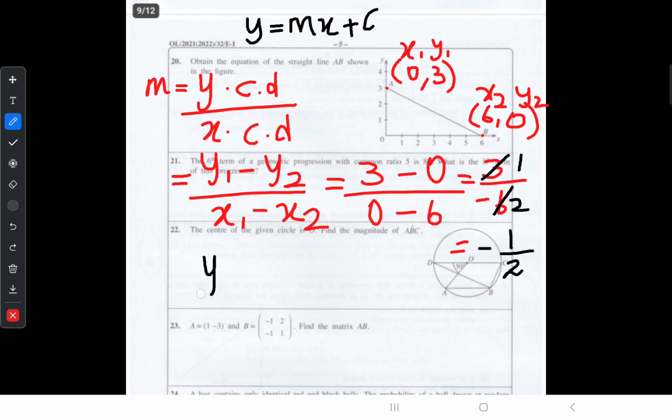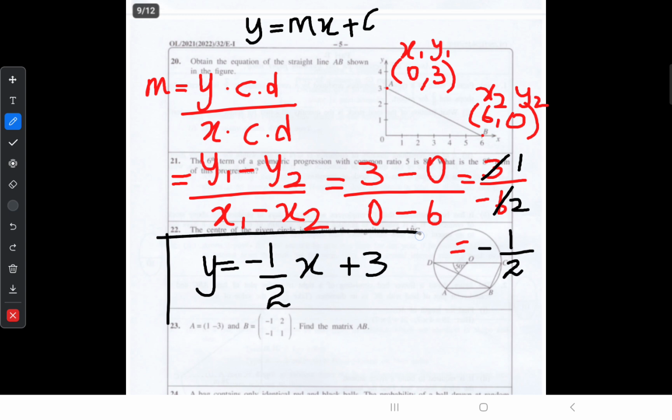So the y and x in the equation do not change, they remain the same. We have to find the gradient and intercept only. The gradient is negative half, and our intercept, where the straight line and the y-axis intersect, is positive 3.